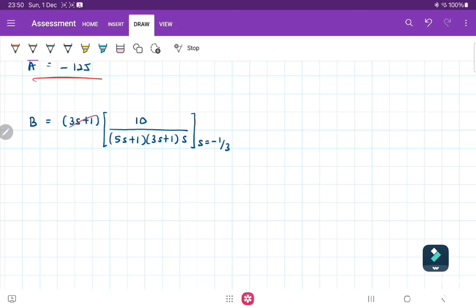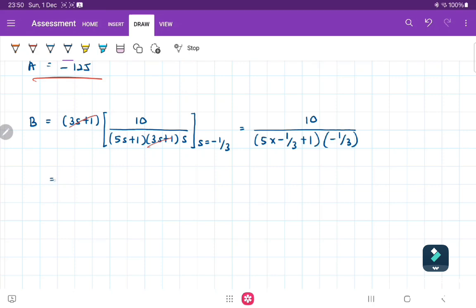We can see this and that can be cancelled, and what we have is 10 over (5 multiplied by minus 1 over 3 plus 1), and this multiplied by minus 1 over 3.